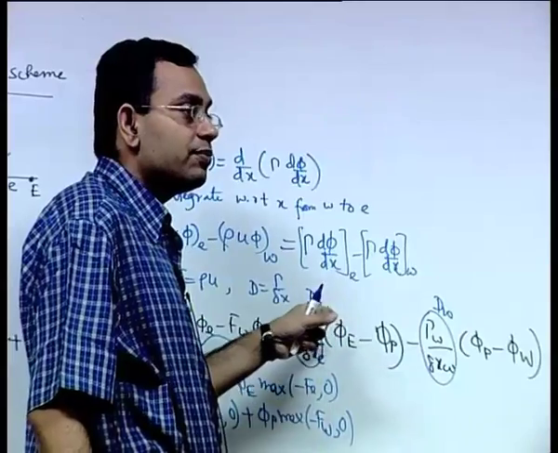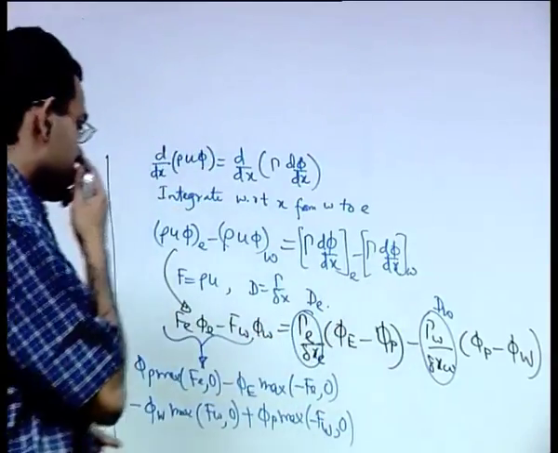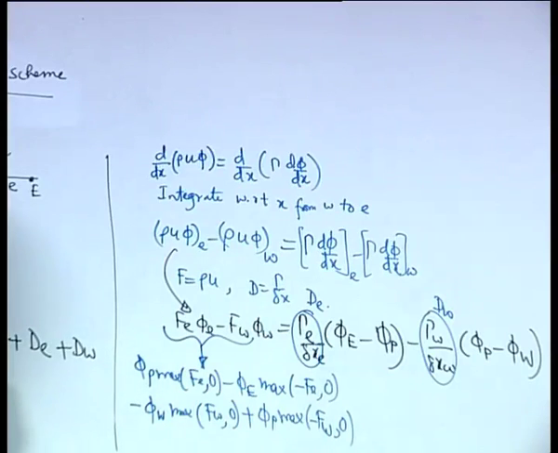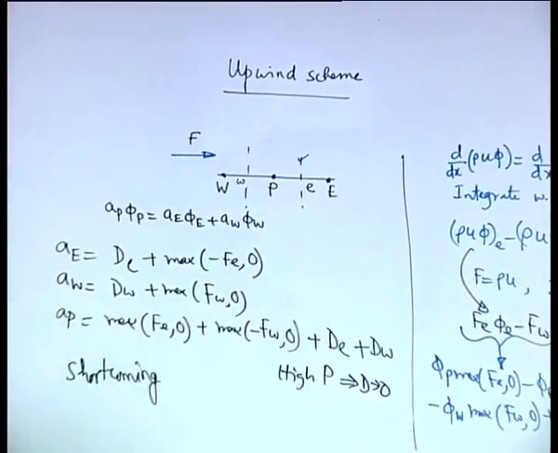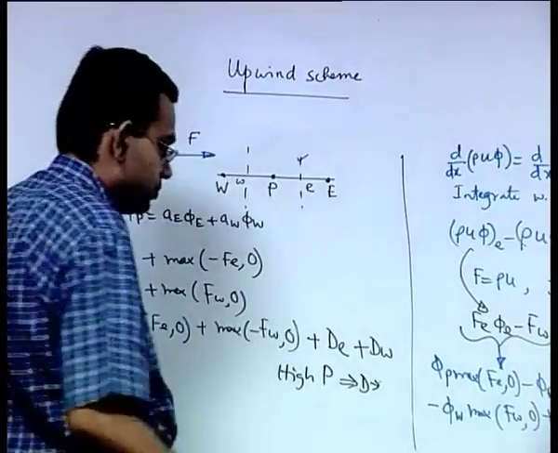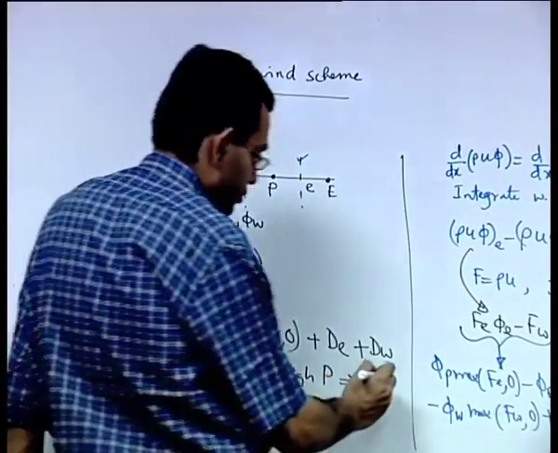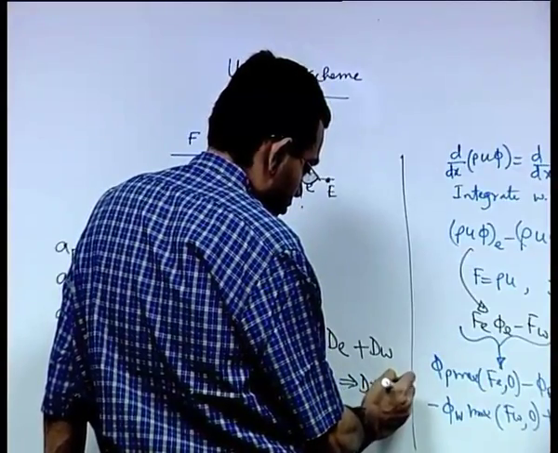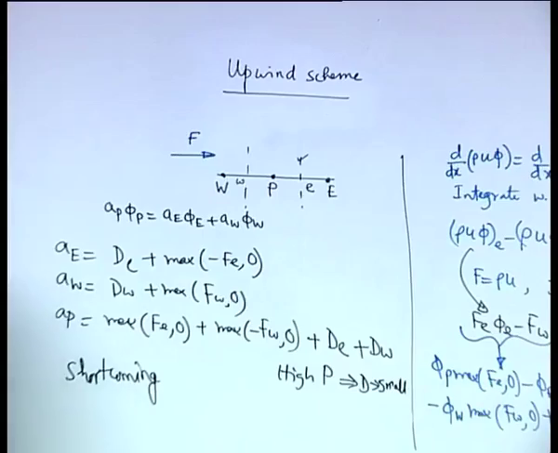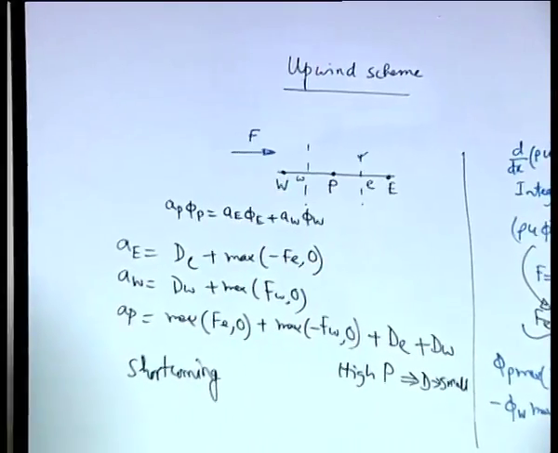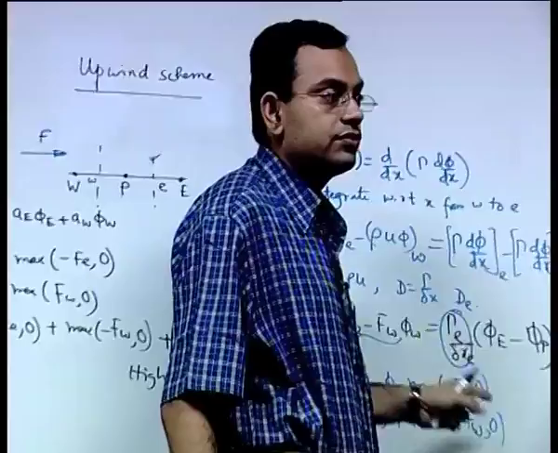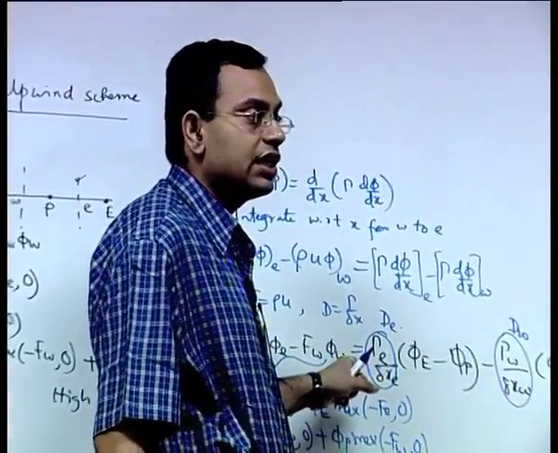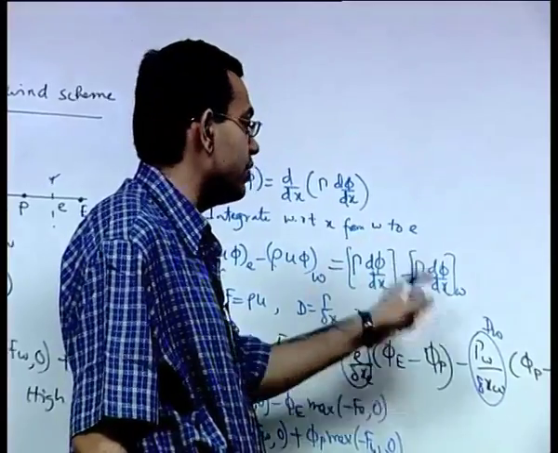Therefore, for high Peclet number, when the diffusion term is small, if not tending to 0, at least small, even if it is small, that is not omitted in this particular scheme, because the diffusion term is still retained and it is discretized in the standard central difference way.